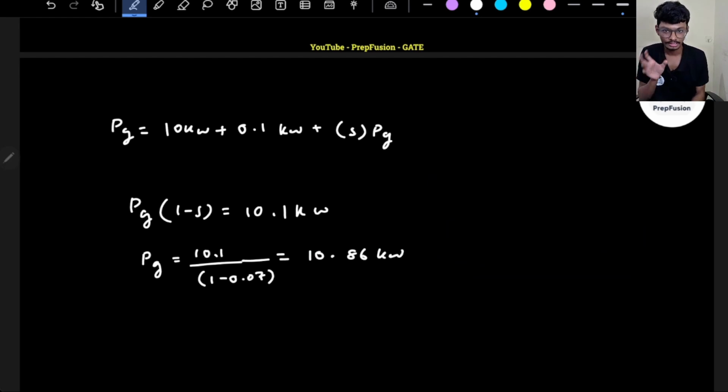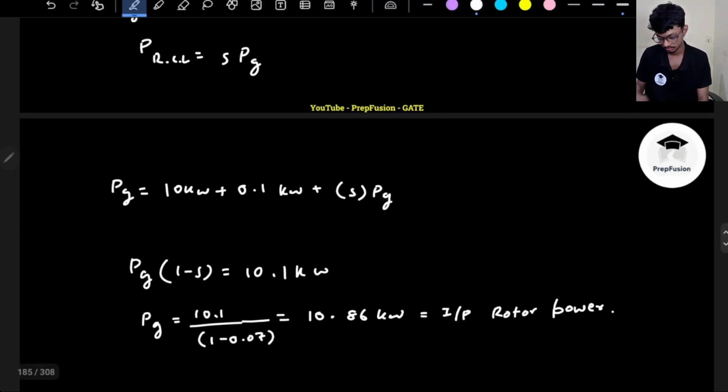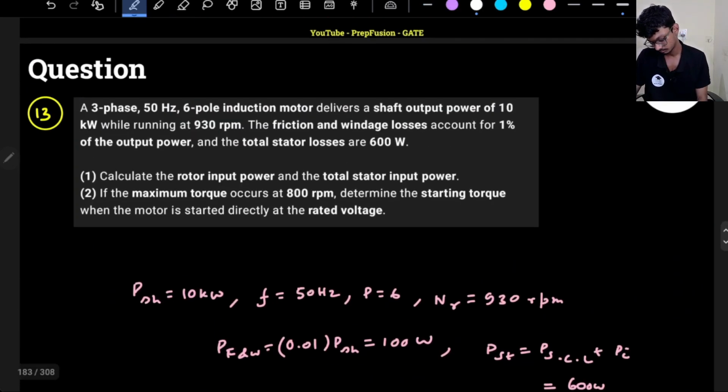So your air gap power is 10.86 kilowatts. This is the input rotor power.